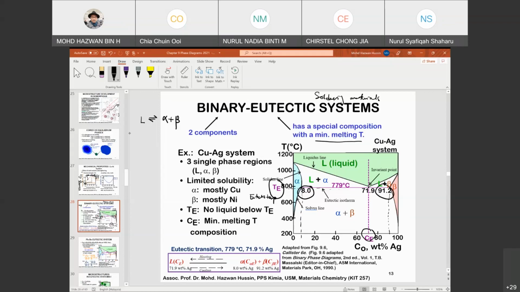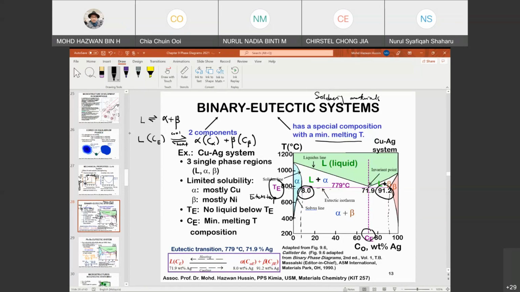Therefore, if you want to write the binary eutectic reaction equation, it will be something like this. You should write the composition. So L of Ce, double head arrow. Double head arrow means heating process and cooling process, cool and heat. Then you have alpha, this will be C alpha, plus beta, and this will be C beta.